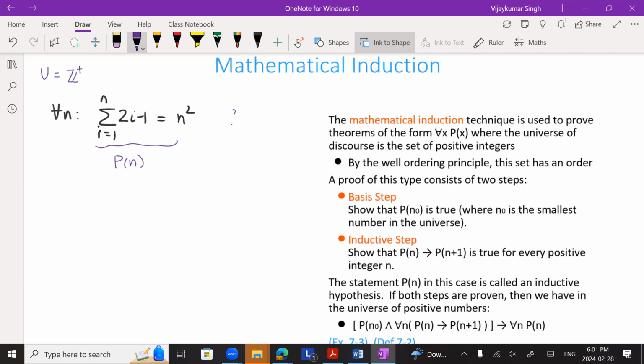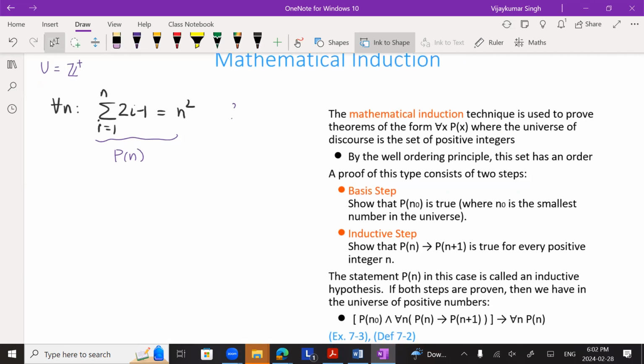Now how do we prove this statement? That is what mathematical induction is. You want to prove a statement for all n, where your universe is either the set of positive integers or some big chunk of positive integers.